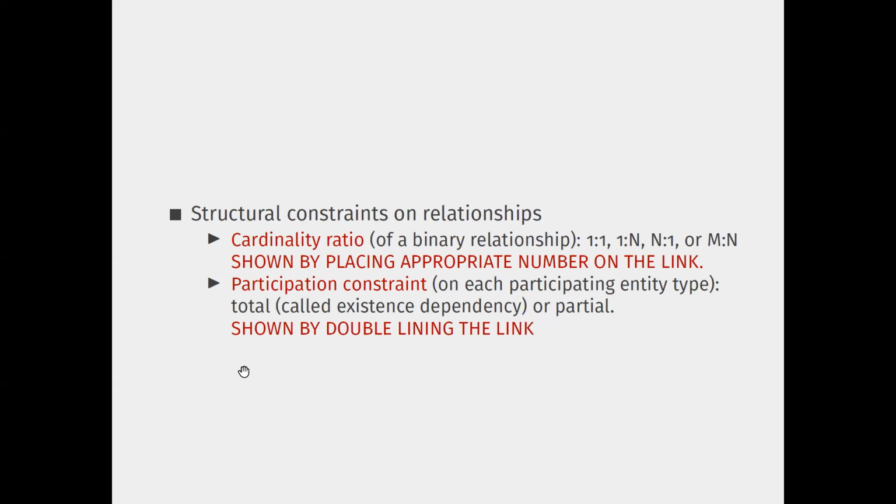And the second one is the participation constraint: whether all the instances are participating or not can be shown by using a double line on the link. So when you use a double line, it means it will involve all the entities, right? Okay.